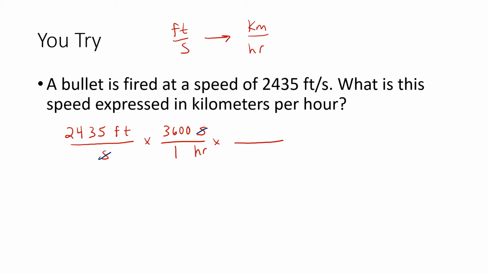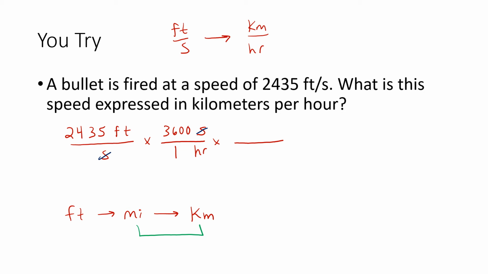Next, we have a few options of what we could do to convert feet into kilometers. We don't have a direct unit conversion between feet and kilometers on our common English and metric unit chart, but we could take our feet and convert them into miles, and then we could convert our miles into kilometers because we do have a link between those two things.